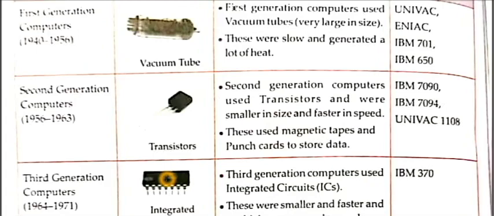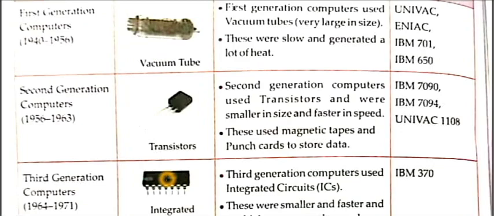Now let us discuss the second generation of computers. Second generation computers used transistors and were smaller in size and faster in speed. These used magnetic tapes and punch cards to store data. Examples of second generation computers are IBM 7090, IBM 7094 and UNIVAC 1108.